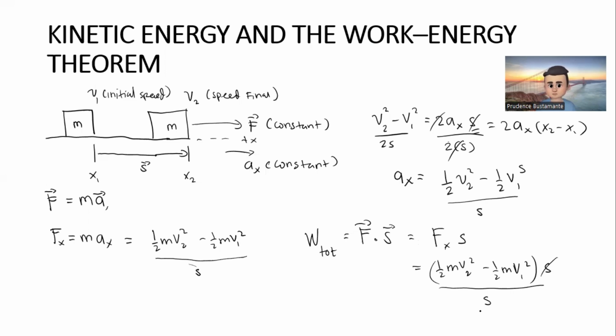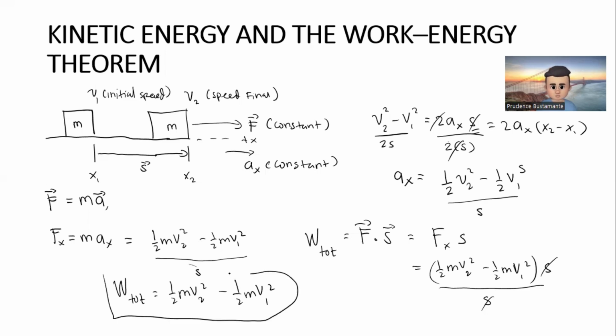We can cancel, so we have derived that the work total is equal to 1 half mv2 squared minus 1 half mv1 squared. We call this relationship the work energy theorem.